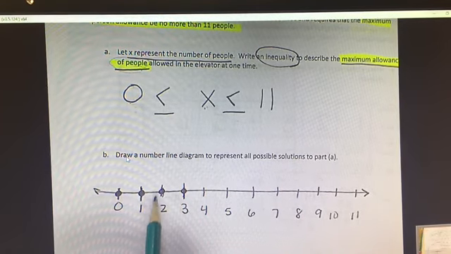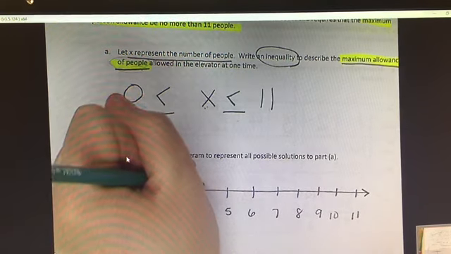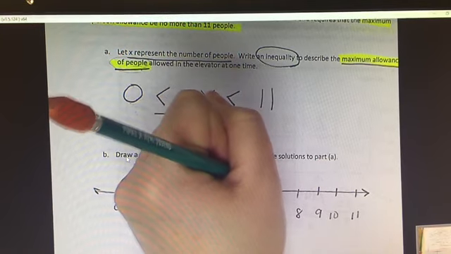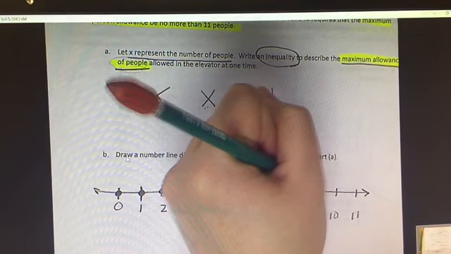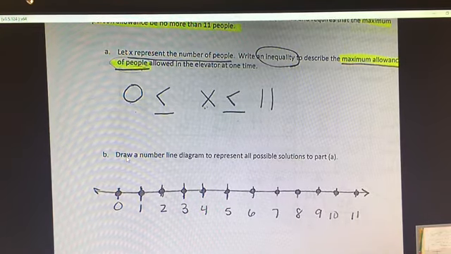So each one of these represents people that we can have, okay? We can have 4, 5, 6, 7, 8, 9, 10, and 11 people. Don't forget to indicate with those data points each one of those people that are on there, okay?